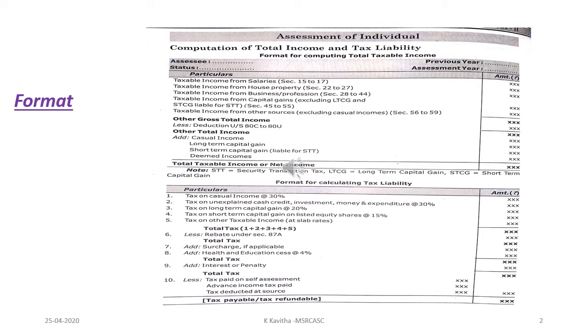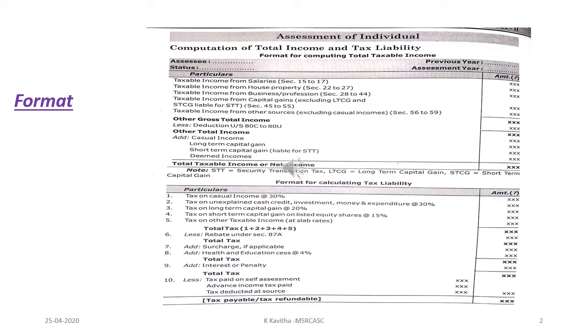After subtracting the rebate, if you are eligible, to whatever total tax we get, we have to add surcharge if it is applicable. Surcharge of 10% of income tax where the total income exceeds 50 lakhs per annum.